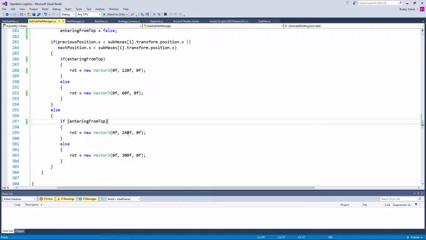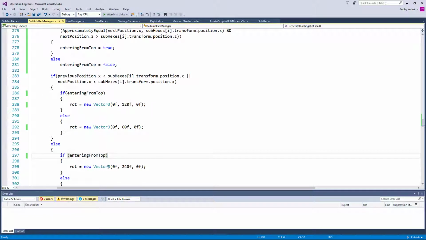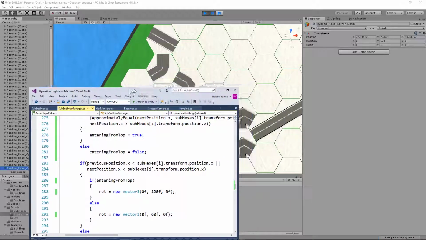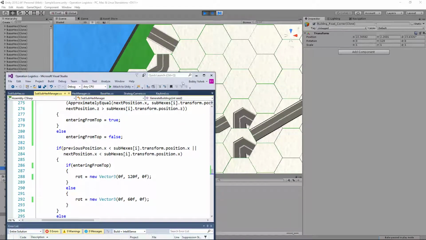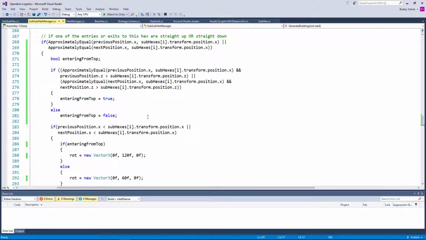If entering from top, 240, else 300. So for some reason, we're not entering this area over here, because it's 120 degrees. So if previous position.x or next position.x, I wonder.